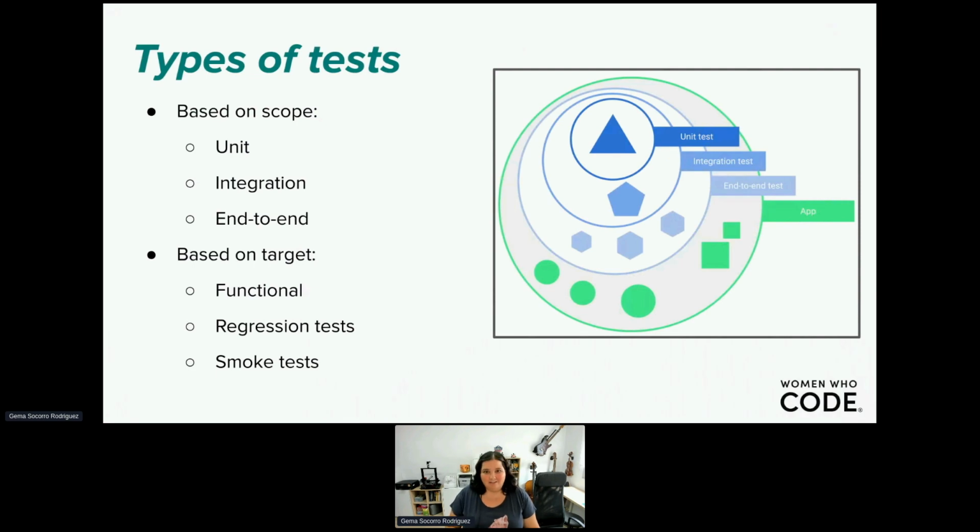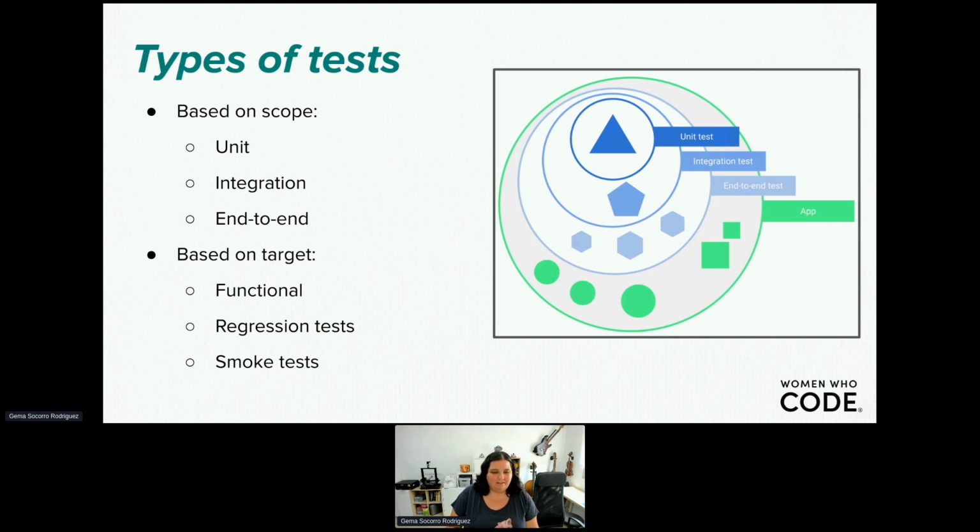There are a lot of categorizations of tests. They depend on the topic they are based on. For example, we could categorize the tests based on their scope. They could be unit tests, integration tests, end-to-end tests. But if we categorize them based on target, we could have functional tests, which test behavior or functionality.